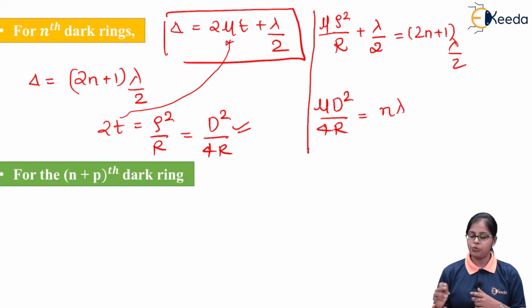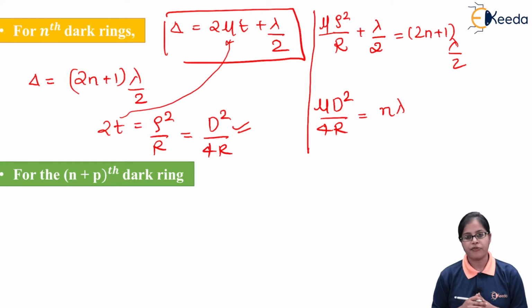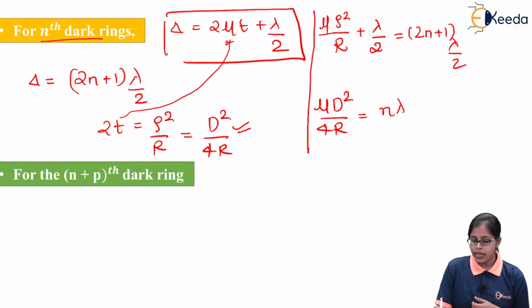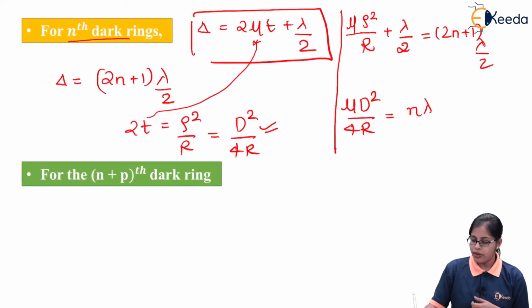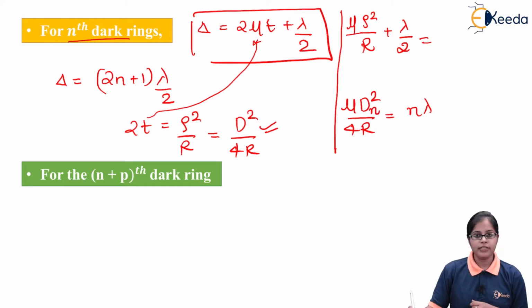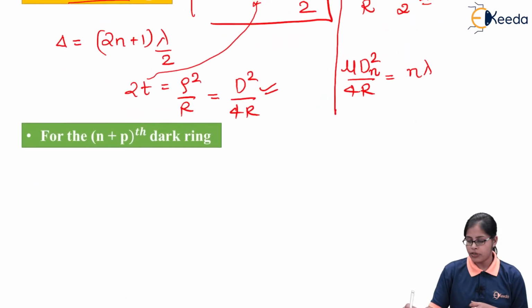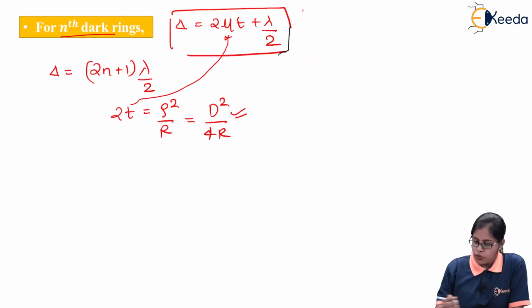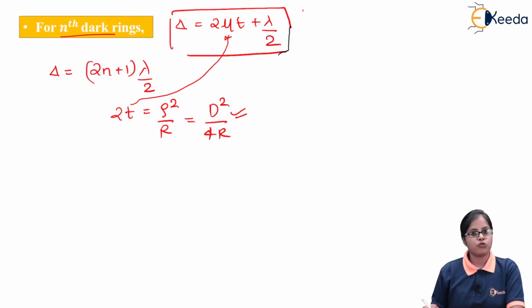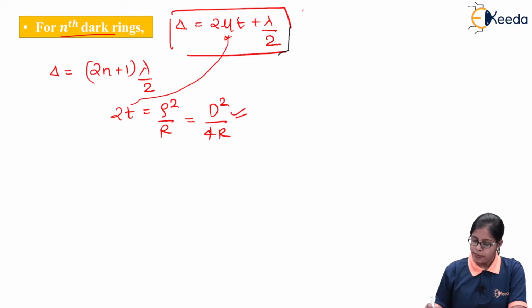So we are getting the equation mu d square by 4r is equal to n lambda. As we are talking about the nth dark ring, we can write it as dn square. So when we are writing the 2t value as rho square by r, we can write it as d square by 4r.